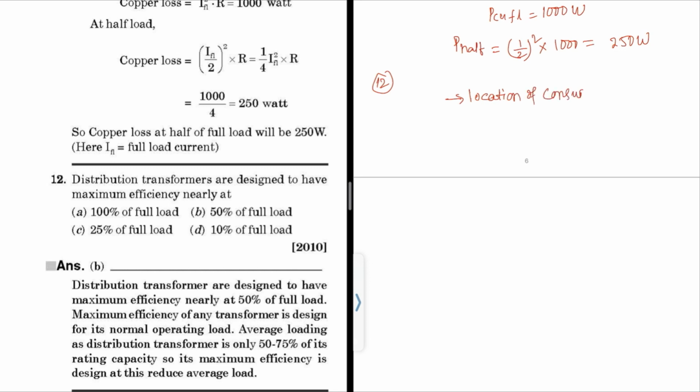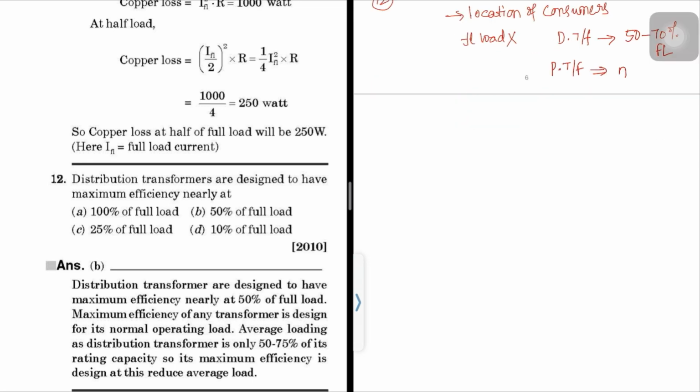So there are load fluctuations at the consumer's end. That's the reason distribution transformers are never designed to operate at full load. Distribution transformers are designed at 50 to 70% of the full load.